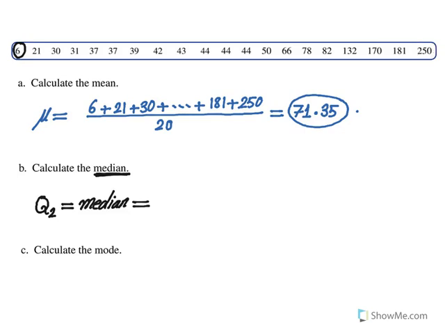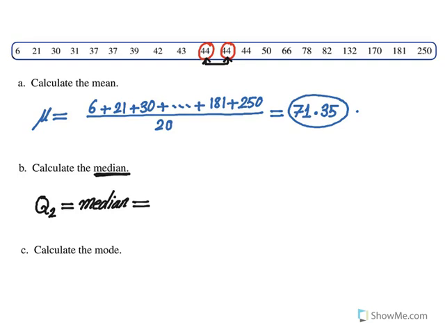Those are 20 values. So where is the middle? Since it's an even number, you will count 1, 2, 3, 4, 5, 6, 7, 8, 9, and then 10 and 11, those two numbers lie exactly in the middle of this list.